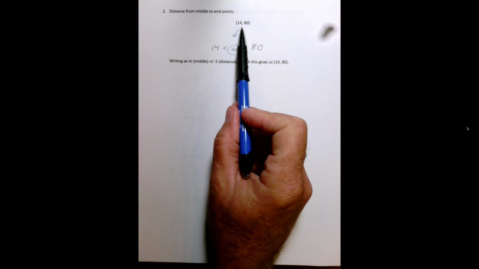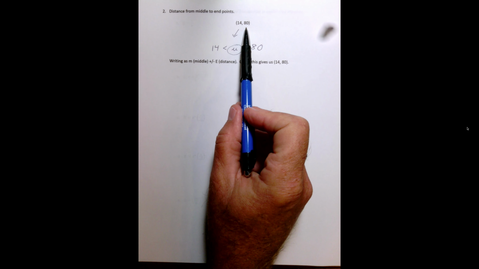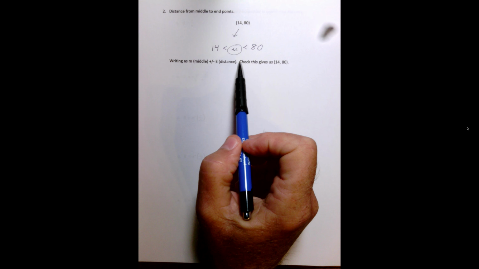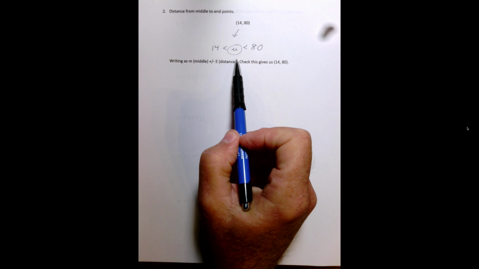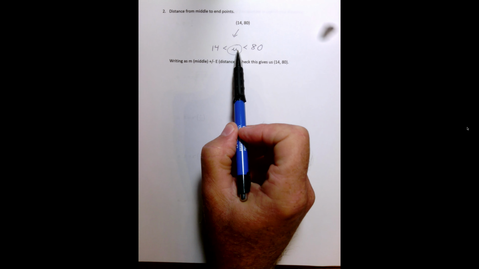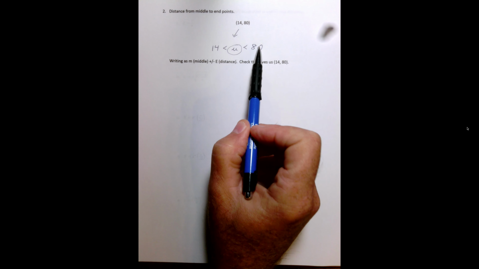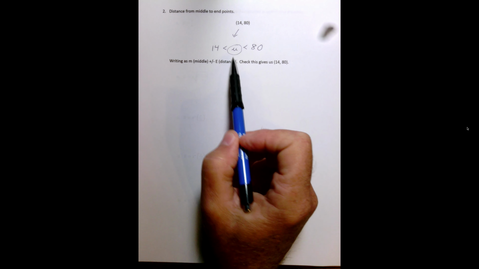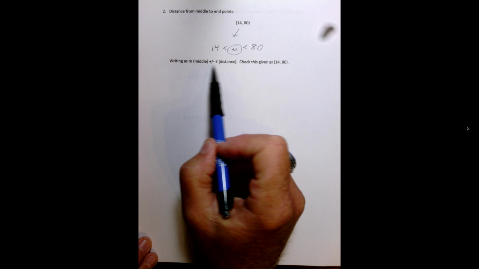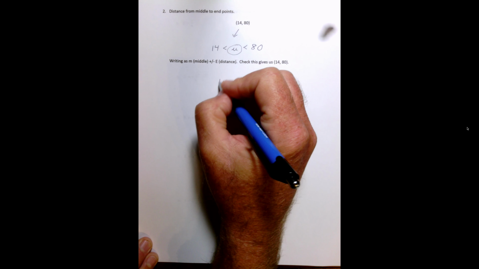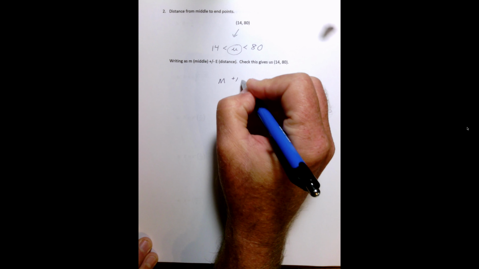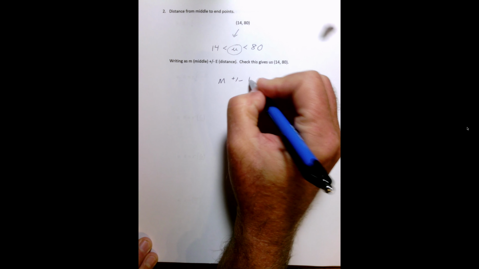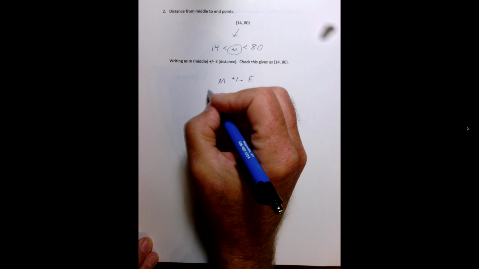But we have to realize that this interval in the context of confidence intervals means the same thing here, that our mean, mu, is somewhere between 14 and 80, with some few caveats. Again, I'll teach you that later. But what we like to be able to do is write this as the middle plus or minus the E, which is the distance.